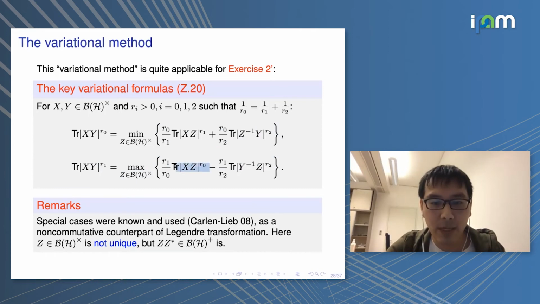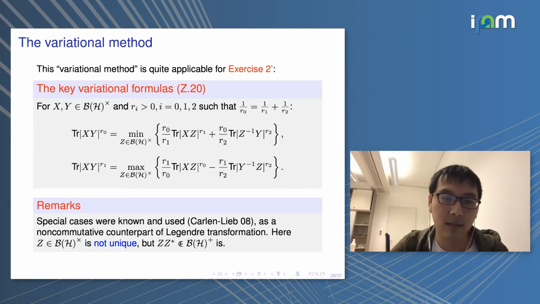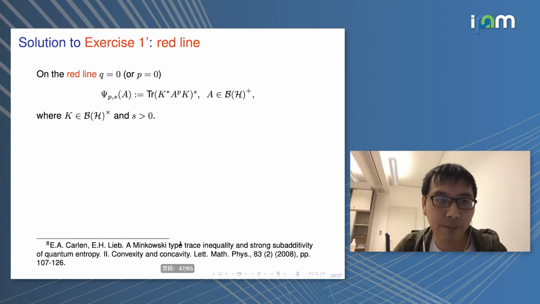When this part becomes linear, then it is actually a noncommutative counterpart of the Legendre transformation. So another remark is that the minimizers and the maximizers Z here are not unique in general, but Z times Z star is unique. And this is helpful when studying the equality conditions.